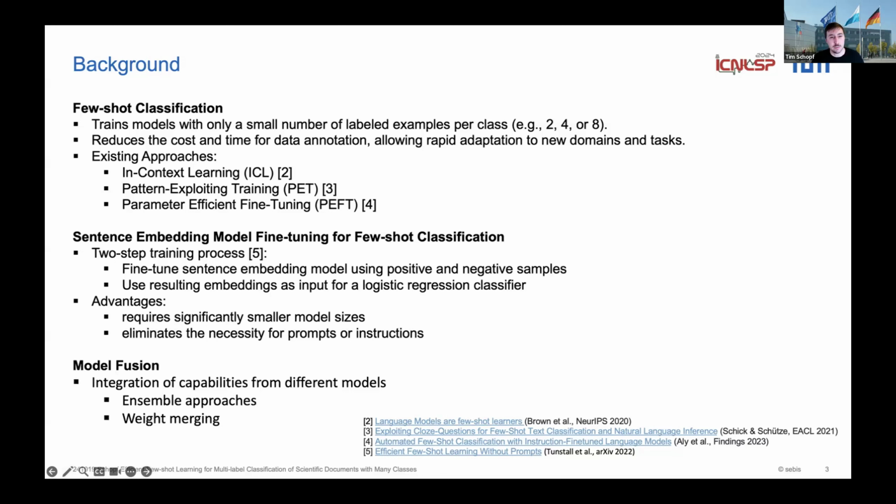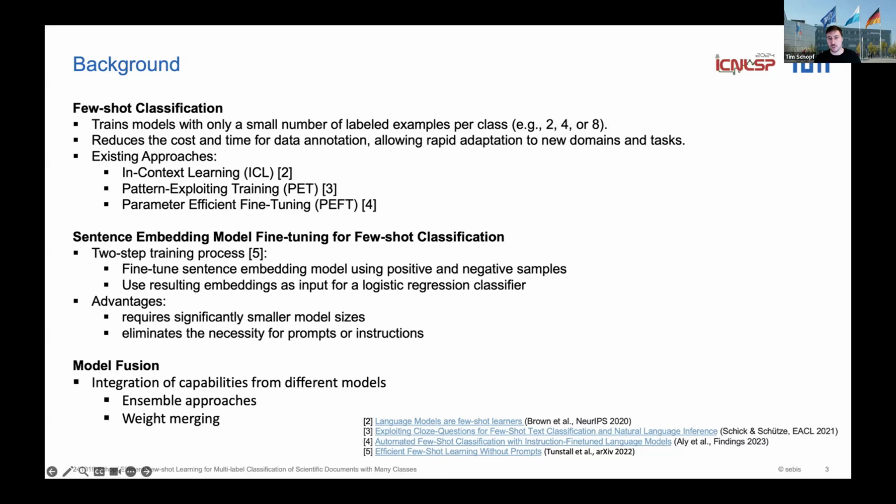Another thing I want to talk about here is model fusion, which is important in the next slide. Model fusion basically means that we integrate the capabilities of different models into one model or one output to have an overall better prediction performance. And there are basically two approaches to do this.